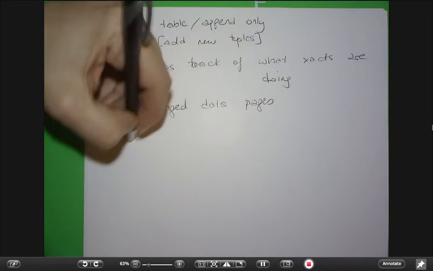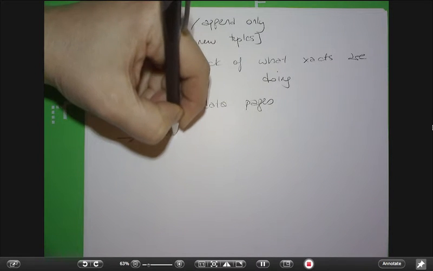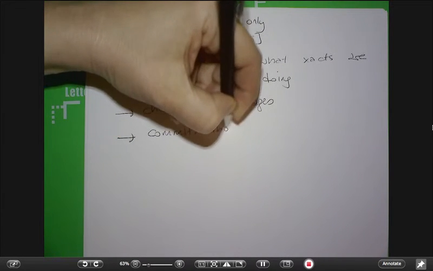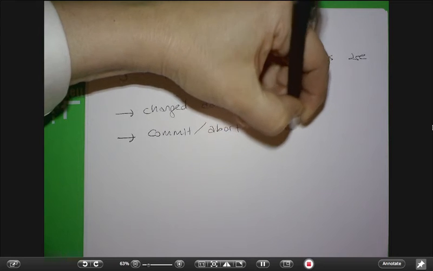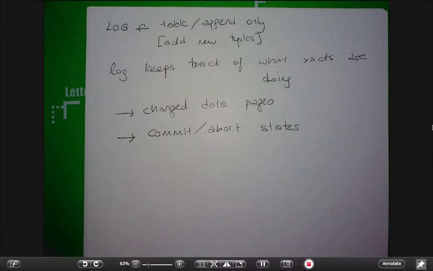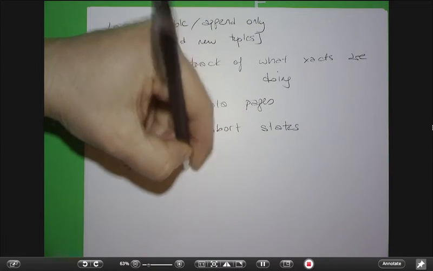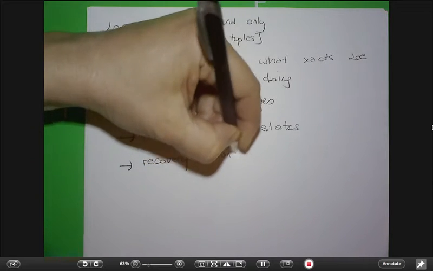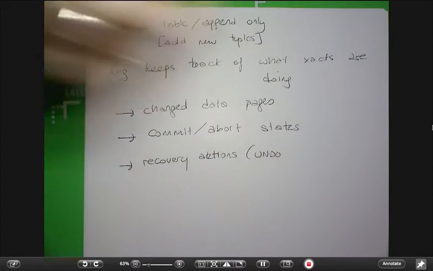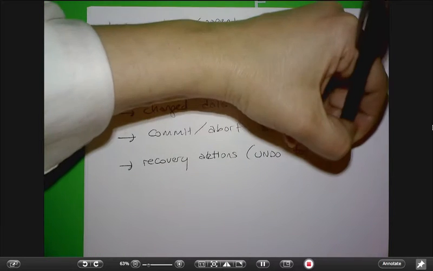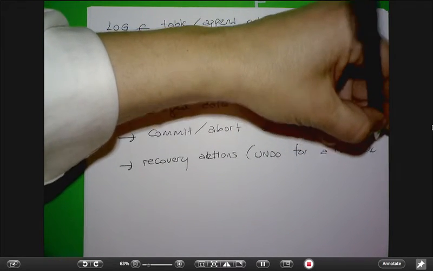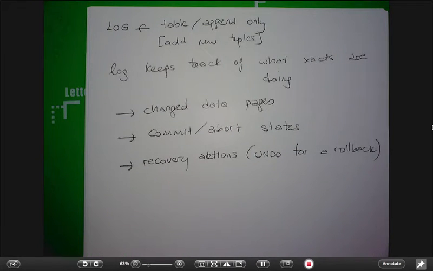You keep track of commit and abort actions. So you want to know which transactions were committing, which transactions were aborting, and so on. You keep track of recovery actions, like undo for a rollback. Okay.